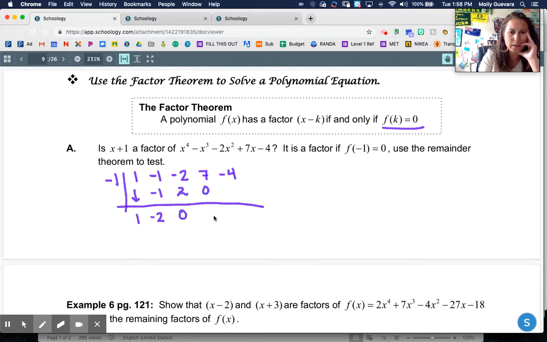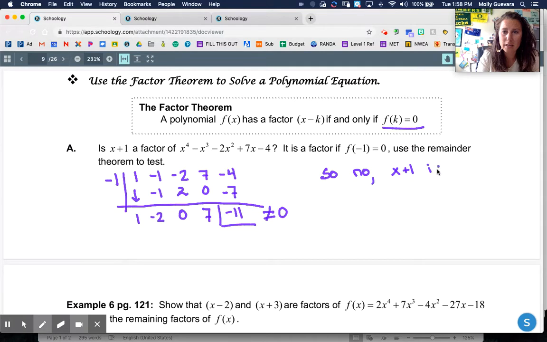And multiply and add. Since I get a remainder of -11, that is not 0, right? -11 is not 0. So no, x plus 1 is not a factor.